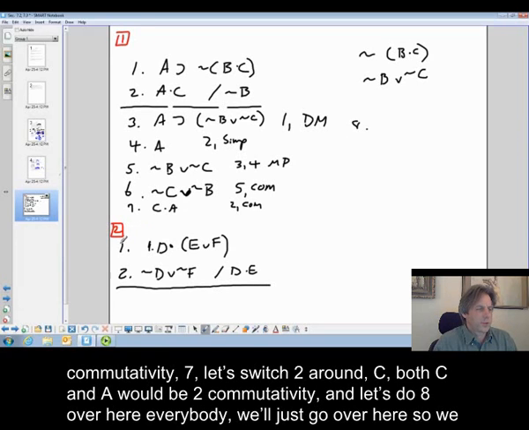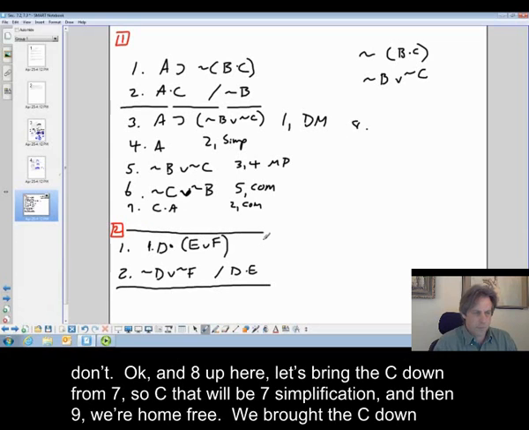And then let's do 8 over here, everybody. We'll just go over here so we don't. Okay. And 8 up here. Let's bring the C down from 7. So C, that'll be 7. Simplification, and then 9, we're home free.